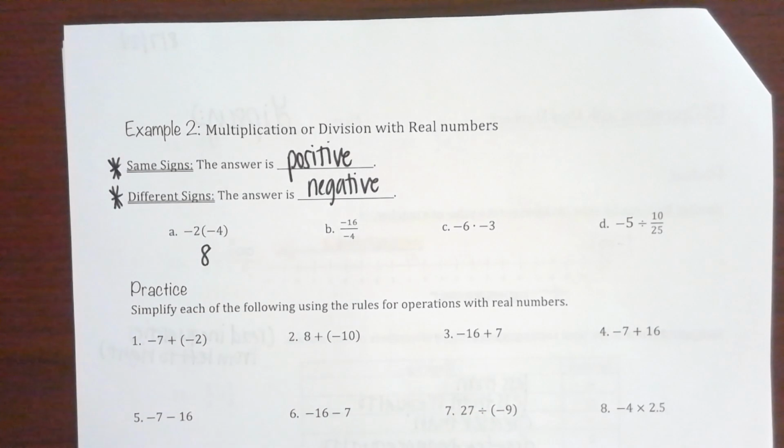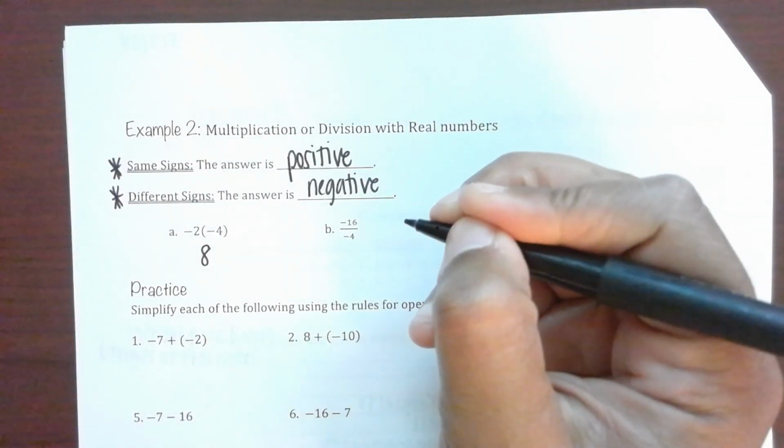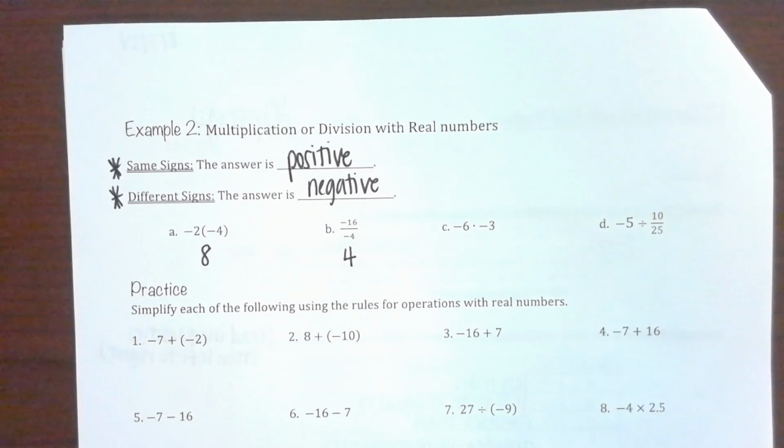So what's 16 divided by 4? That's a calculator question. So type in 16 divided by 4. 4. Looking at letter C, are they both positive or both negative? Both negative. So my answer should be positive. So what's 6 times 3?